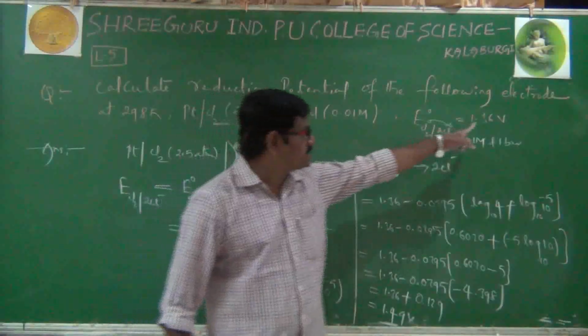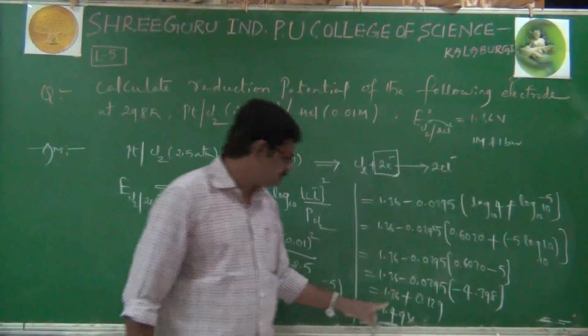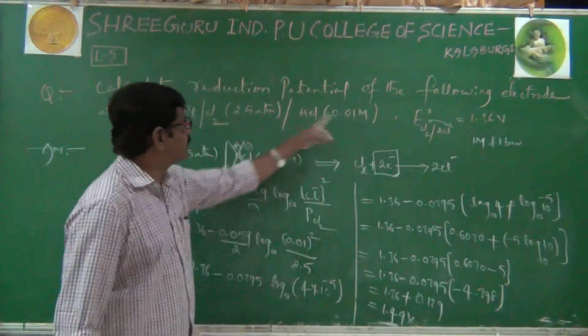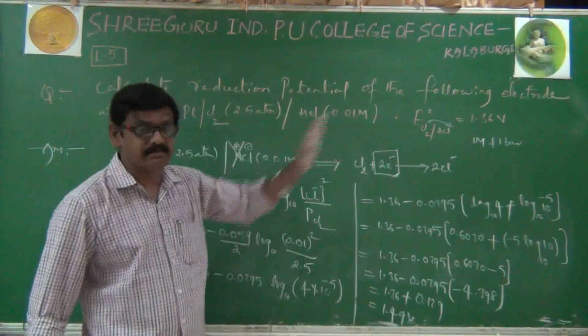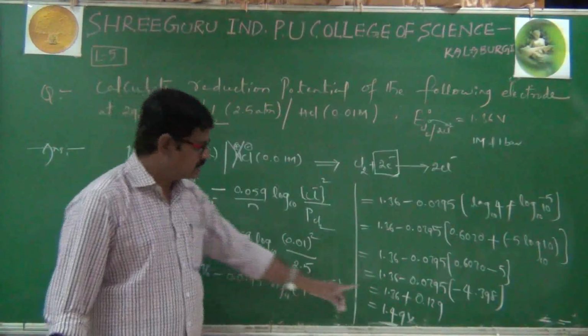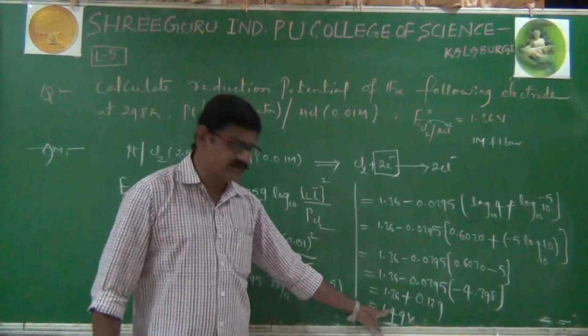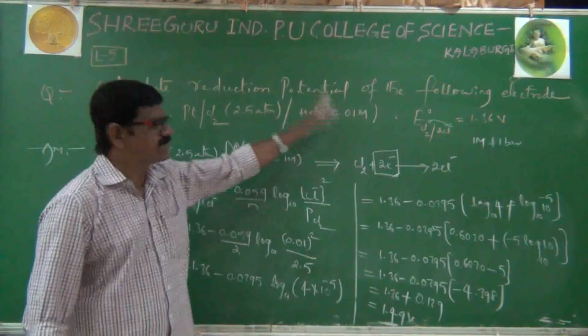Of course, it is a standard reduction potential, but it is not a standard reduction potential because here standard conditions are not maintained. Okay, it is just electrode potential. Of course, standard electrode potential of chlorine value at these two conditions.